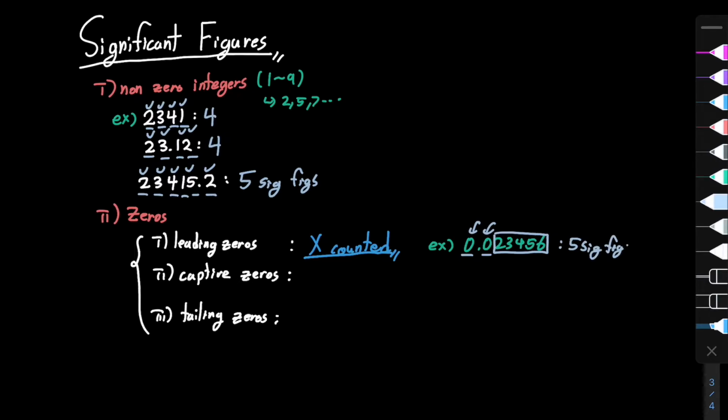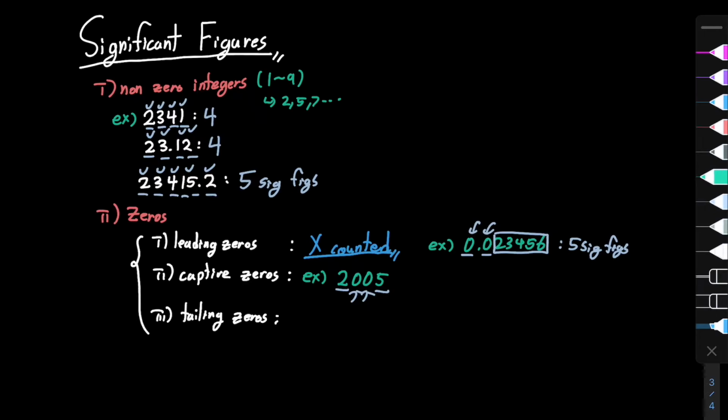Now, the second category of zeros are captive zeros. Captive zeros are quite self-explanatory. For example, if we have a number of 2005, the zeros that are in between the integer digits of 2 and 5, right over here, these two zeros, are both captive zeros.